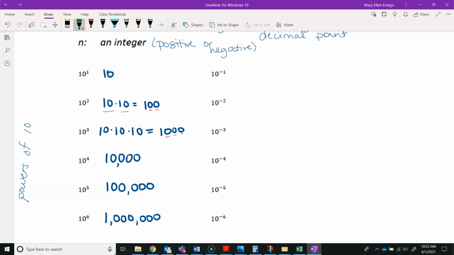Okay, so let's take a look at this for just a minute over here on the side. I'm going to rewrite some of these. I'm going to just start with 1,000. And then next I have 100, and then next I have 10, so here's 10 to the third, 10 to the second, 10 to the first. Well, what if I kept up with this pattern? My exponents are going down, so what if I kept up with that pattern?